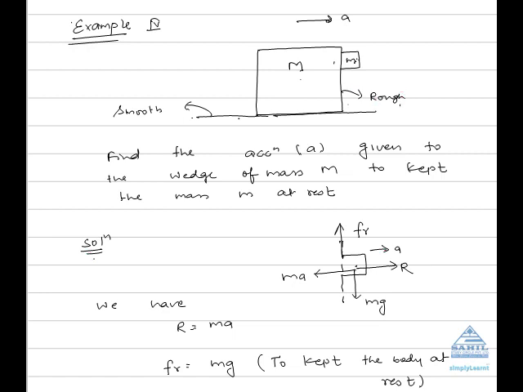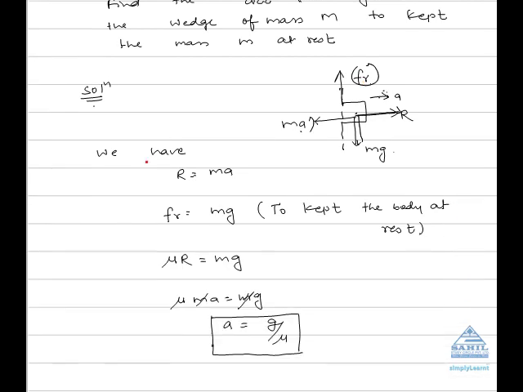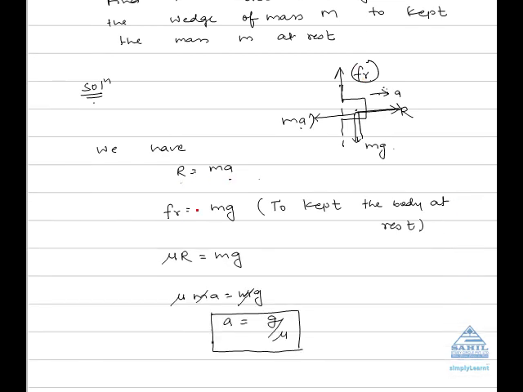Now, if acceleration is a, then the pseudo force acting is m into a opposite to the acceleration. R, which is a normal reaction always acting perpendicular to the contact of a plane, the weight of the block acting downward, and the friction force opposite the motion, means it acts vertically upward. Now we have R is equal to m into a, where friction force is equal to m into g.